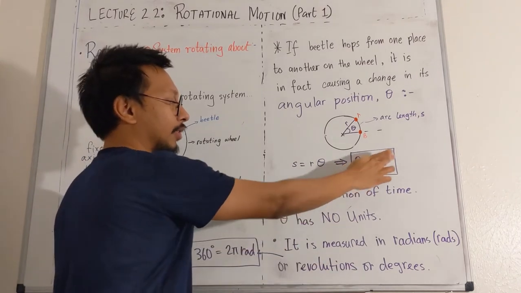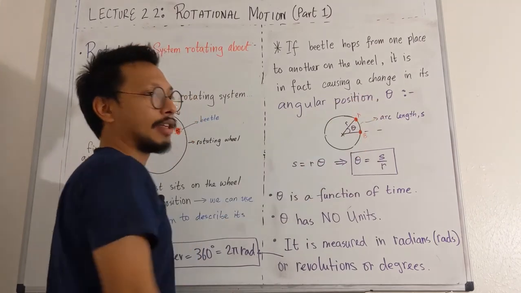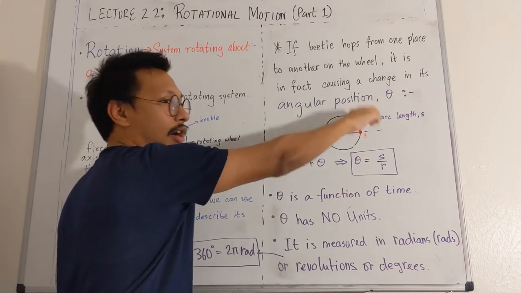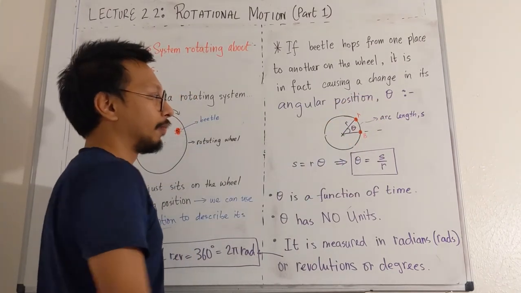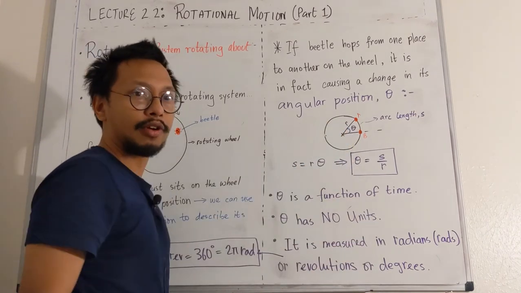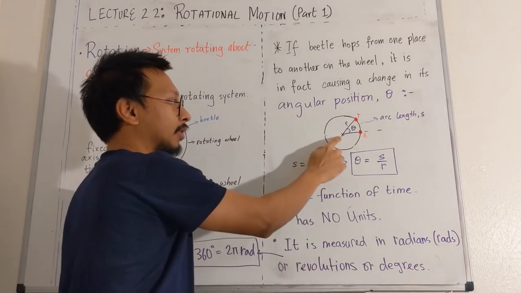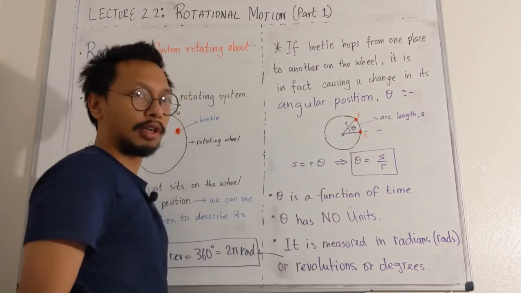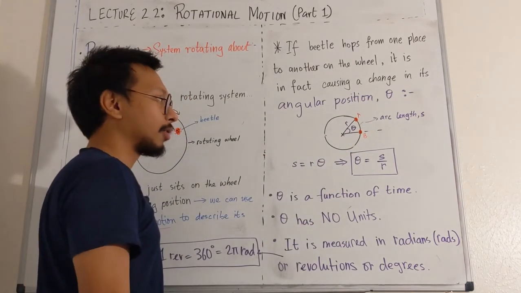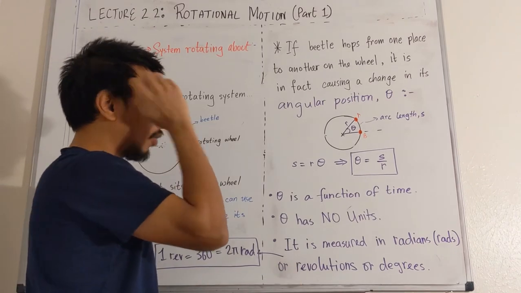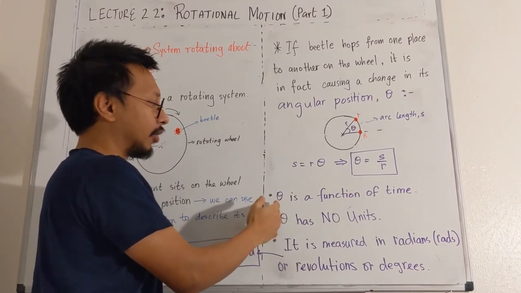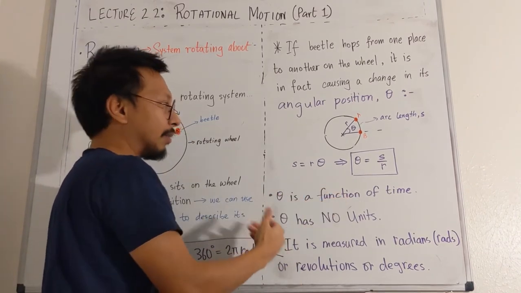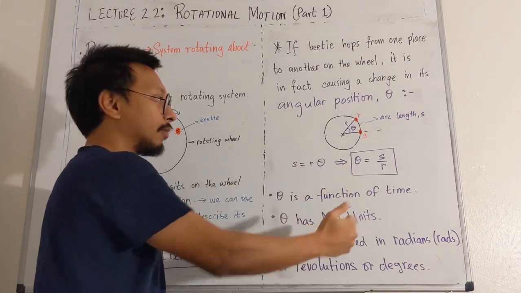Angular position is the arc length created as something moved in an arc of a circle from A to B divided by the radius of that circle, the distance from the fixed axis of rotation to the circumference of that arced path. Now, some properties of theta include that theta is a function of time, meaning theta depends on time.